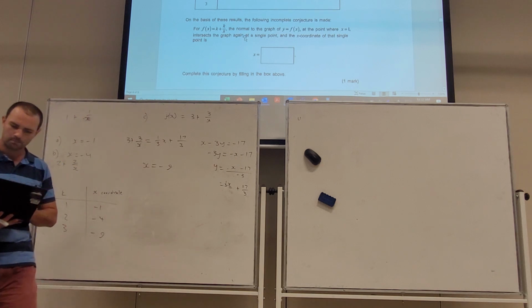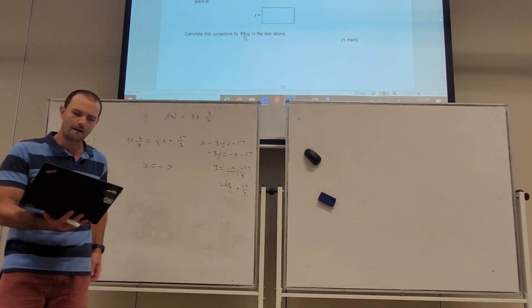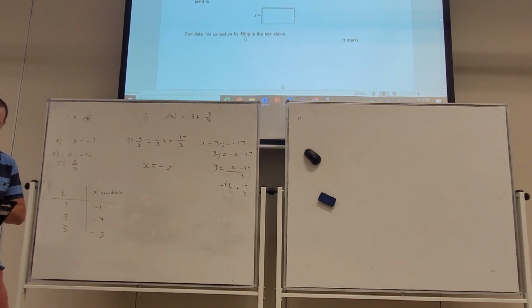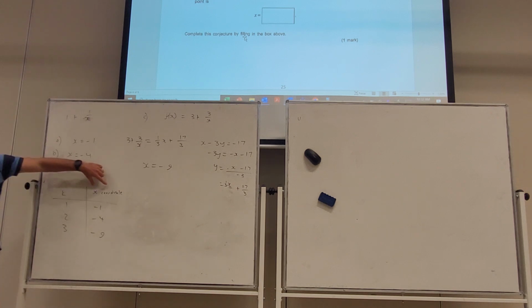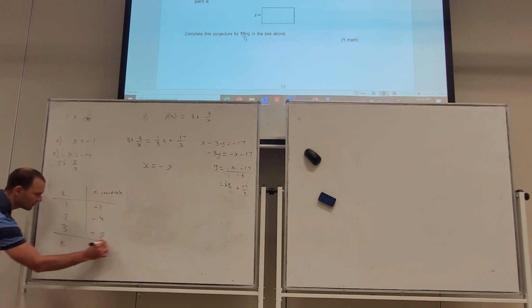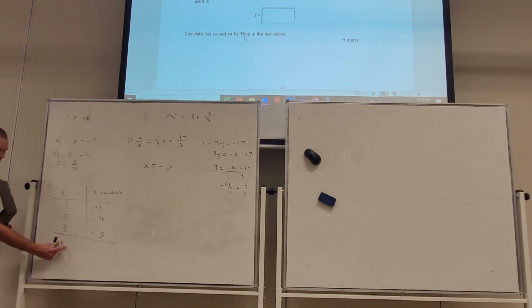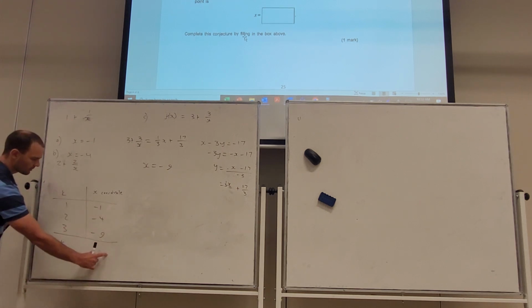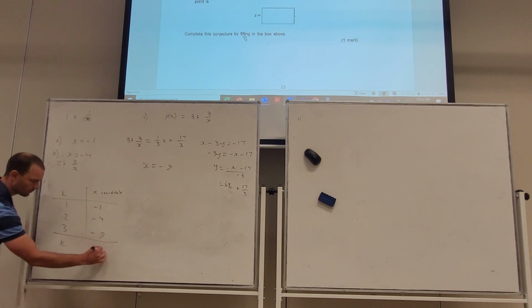For the function k plus k on x, the normal to the graph of y equals f of x at the point when x is 1 intersects the graph again at a single point, and the x coordinate of that single point is, what do we know is here, the x coordinate. If we have here k, what's going to be the x coordinate? Negative k squared. Very good, well done, John.